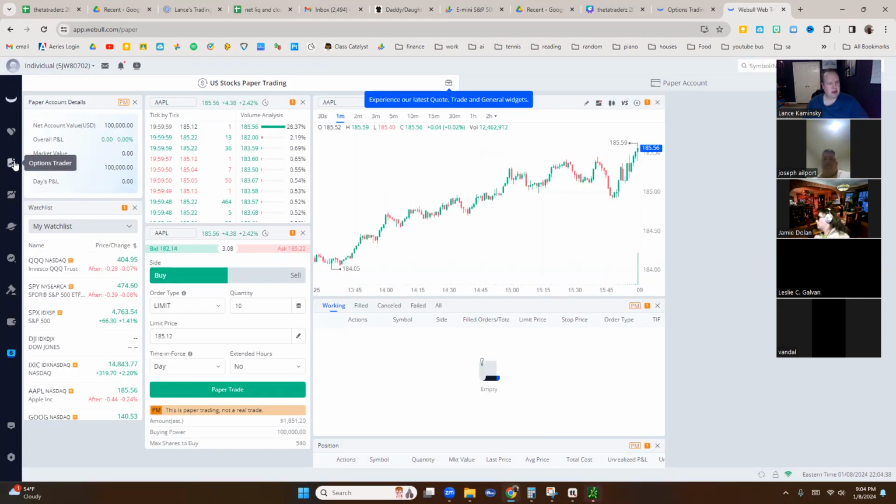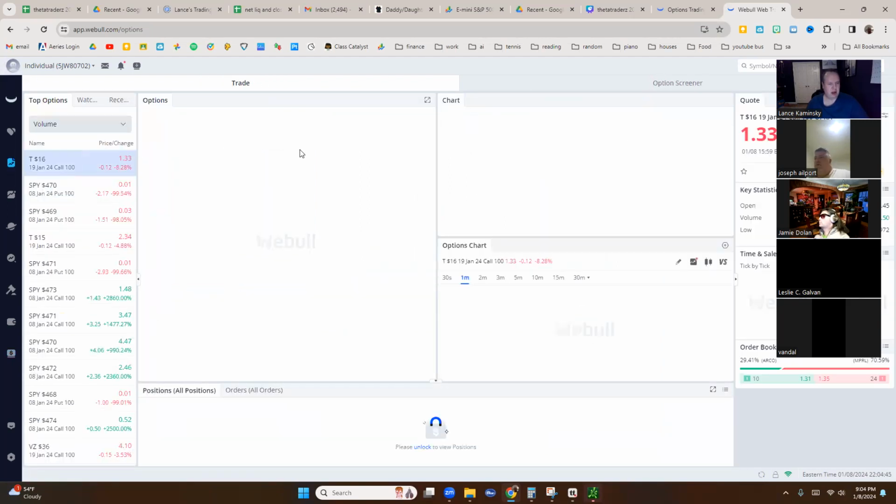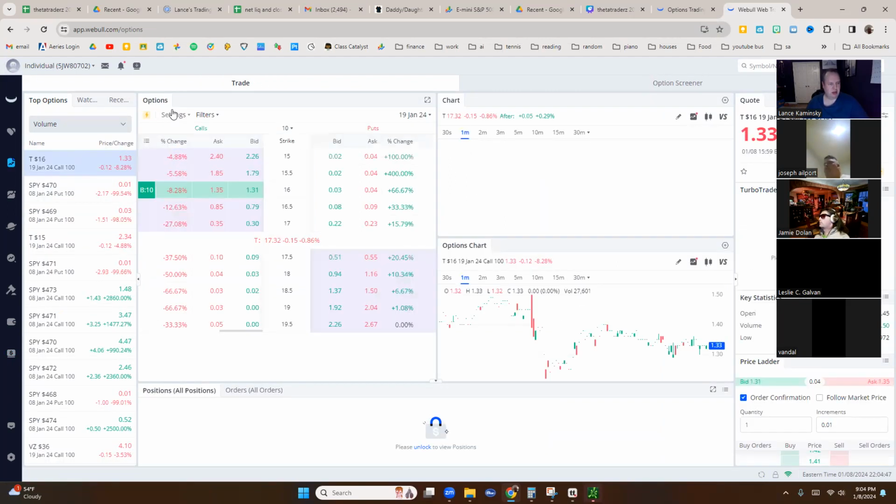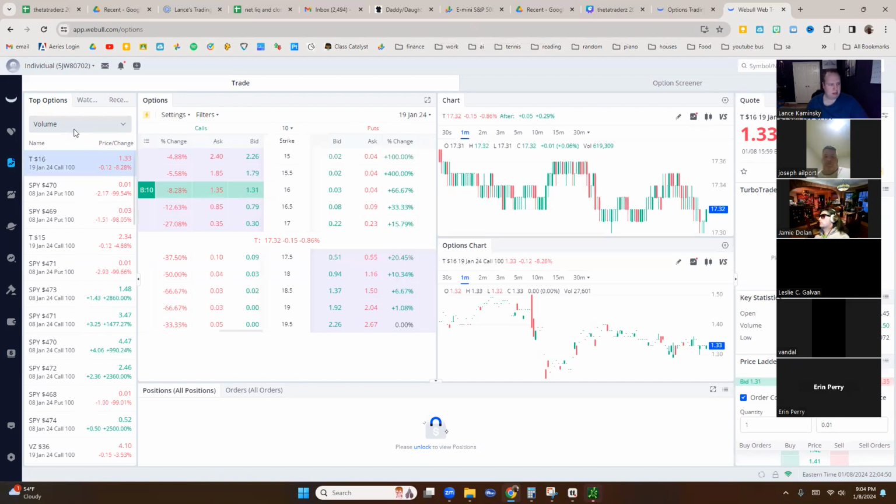It's been a long time since I looked at this one, but let's see. Options trader, and then you would just type in your ticker symbol. Wherever that is. I'm probably more confused than you are at Webull. It's been a long time since I even used it.